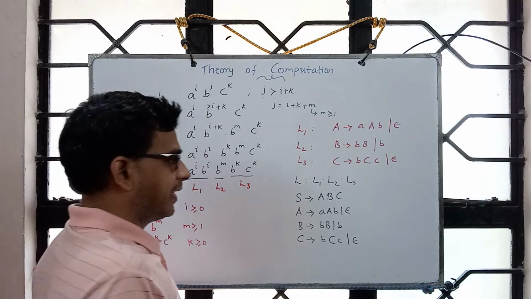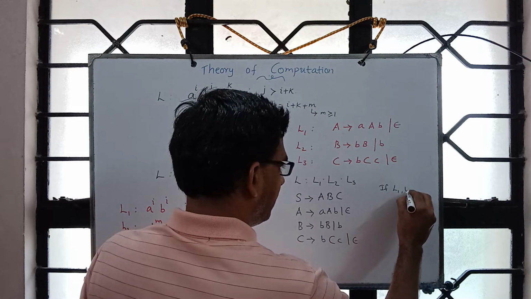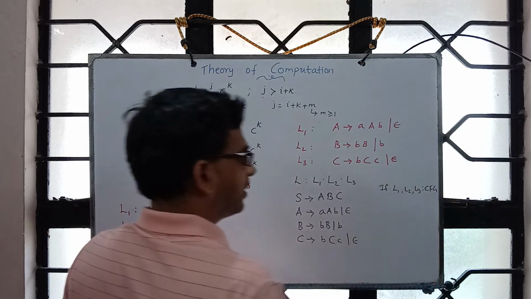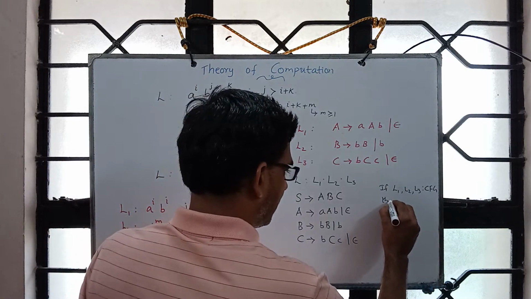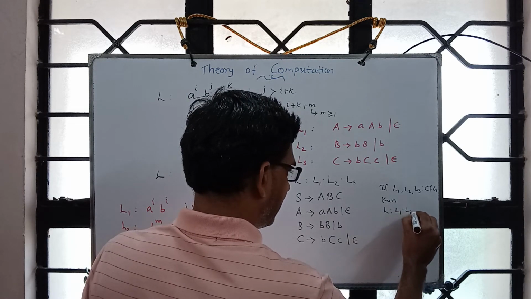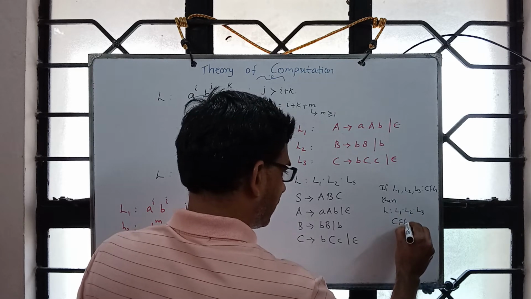This gives you a larger message: if for L1, L2, L3 we have context free grammars, then the concatenation, which is L1 concatenated with L2 concatenated with L3, is also a context free grammar.